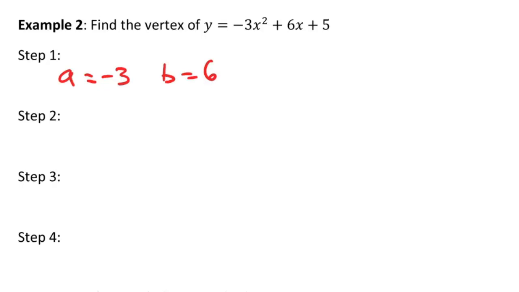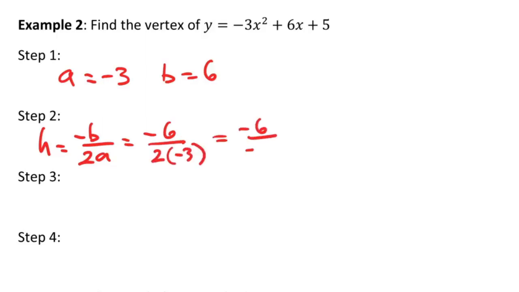Step number 2, we're going to plug that into the formula. H equals negative b over 2a, which is negative 6 over 2a, which is negative 6 over negative 6, or positive 1. Step 3, we take that positive 1 value and we substitute it into the original equation.